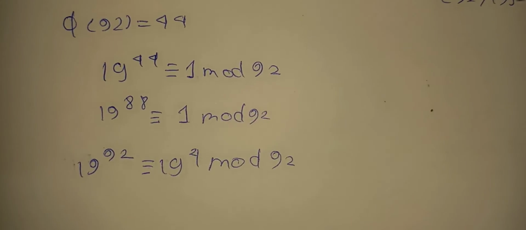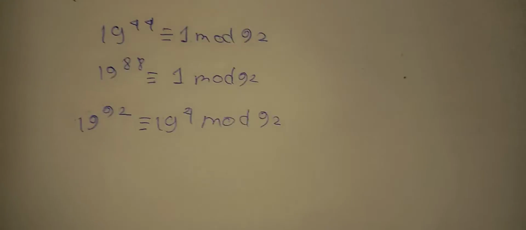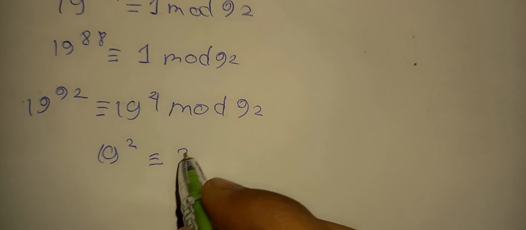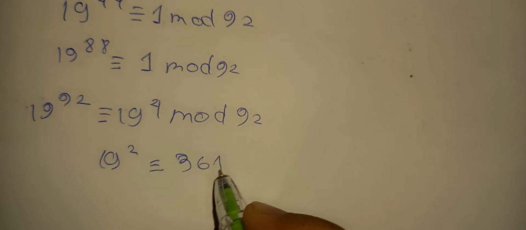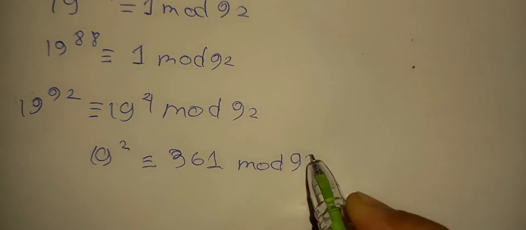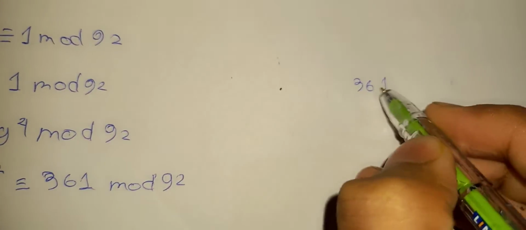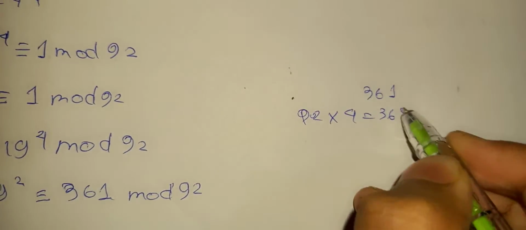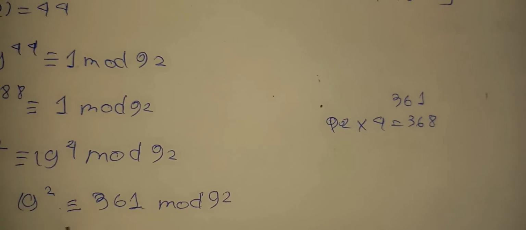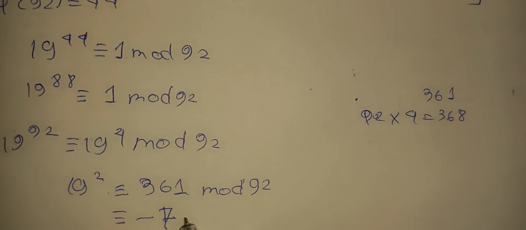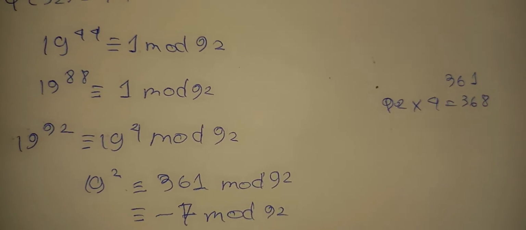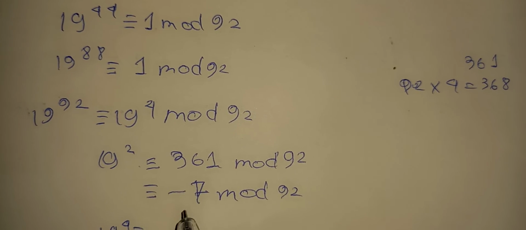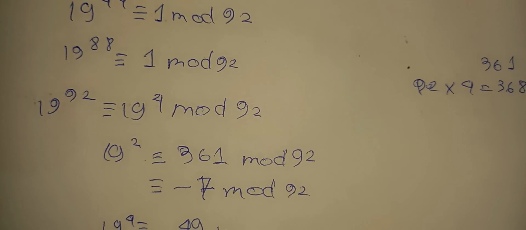Now we will have to find 19 to the power 4. 19 squared mod 92 is 361 mod 92. Now 92 times 4 is 368 and we have 361, so we can write this as minus 7 mod 92. Therefore, 19 to the power 4 is (minus 7) squared, which is 49 mod 92.